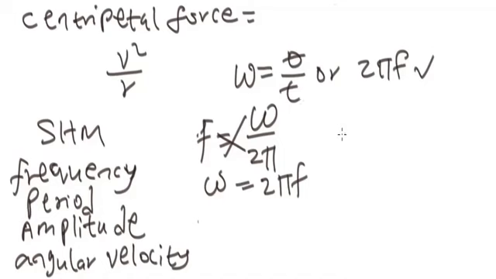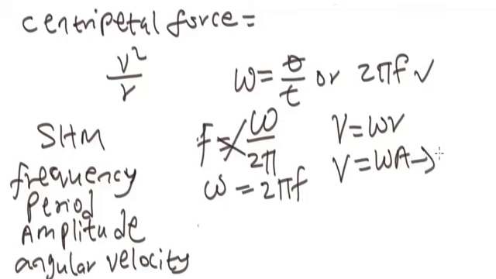Now, note again that the relationship between angular velocity and linear velocity is expressed in this form: V equals WR, or V equals WA at maximum. So when the distance is at maximum, this A is the amplitude.